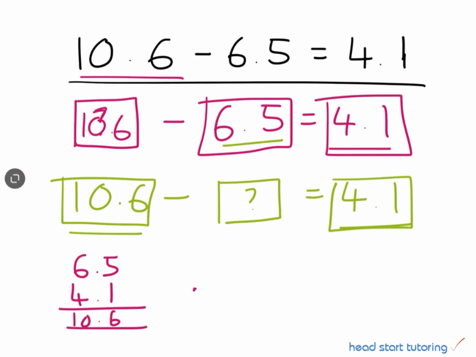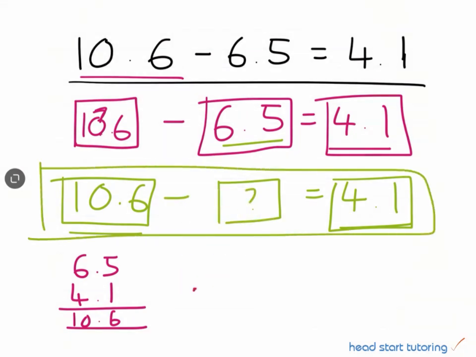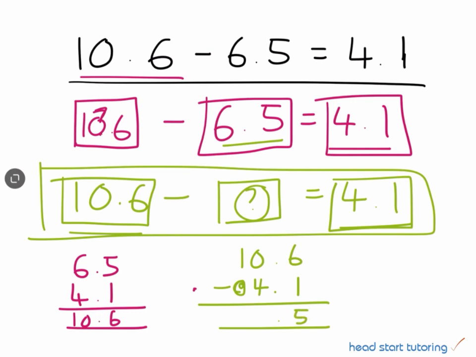If we then have a look at this example, when we haven't been given the 6.5, we know that we need to say 10.6 minus, remember to just either put a 0 or a dot there, 4.1, line up your decimal places, and that'll give us an answer of 6.5. So there's our 6.5, which is exactly what we were hoping for.